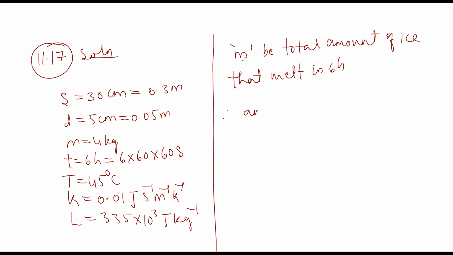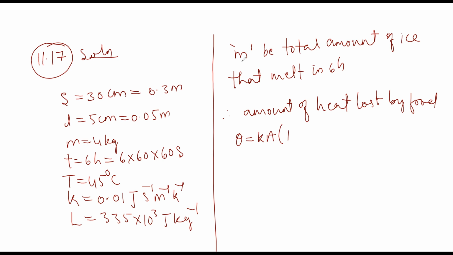Therefore, the amount of heat lost by the food is given by θ = KA(T − 0)t / L, where A is the surface area of the box.